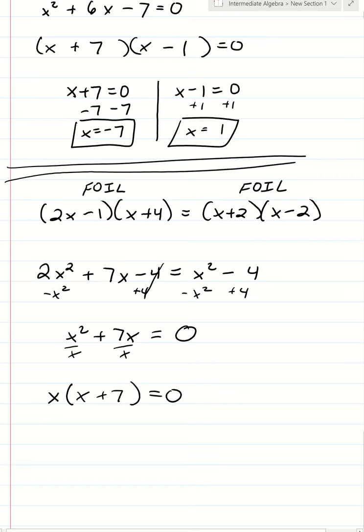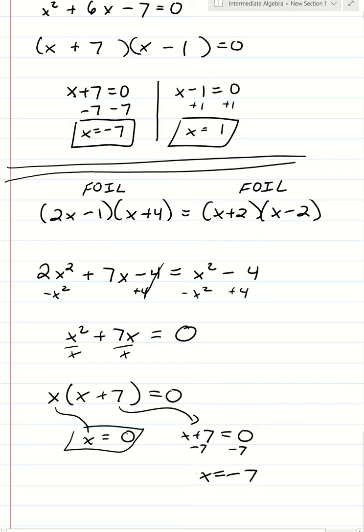And once again, now we have the zero product property being demonstrated, whereby we would set x equal to 0, as well as x plus 7 equal to 0. Well, there's nothing to solve for the first, but for the second one, I will subtract 7 over, giving me my final answer of negative 7.